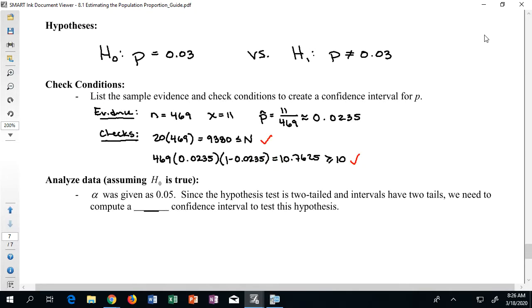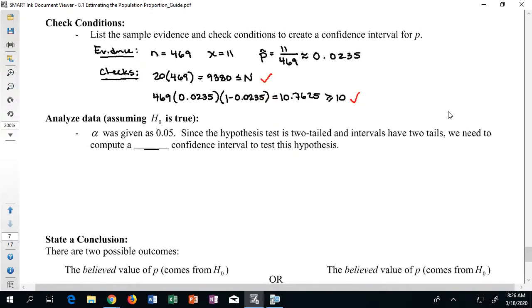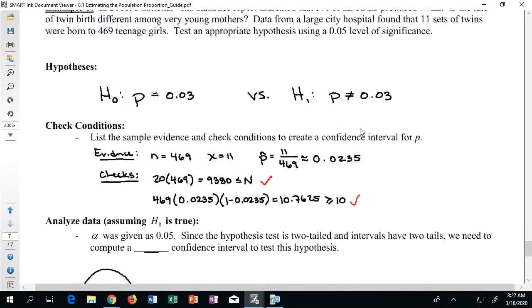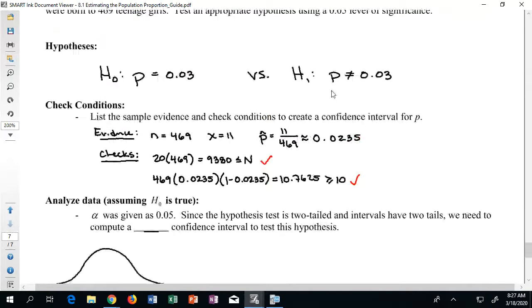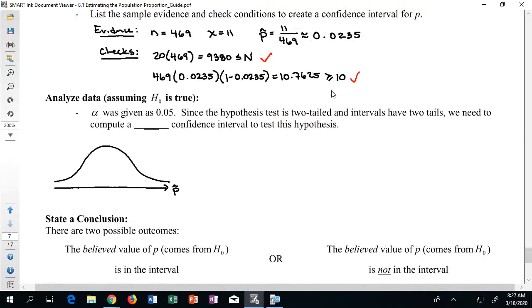Again, the only thing that the problem doesn't tell me is the confidence level. But again, I'm going to go ahead and draw a picture. Something here will be slightly different in this picture because notice we again have a two-tailed test. Remember that when we computed a p-value in a two-tailed test, we often had to shade both tails.